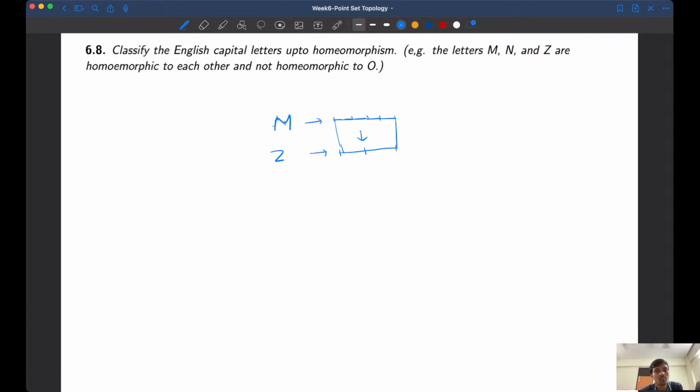And if you remove any point from this one, it is not disconnected, as a homeomorphism preserves the number of connected components. So this cannot be a homeomorphism. So from there it easily follows that these are homeomorphic, but these are not homeomorphic to O.